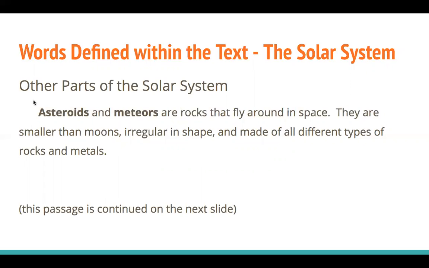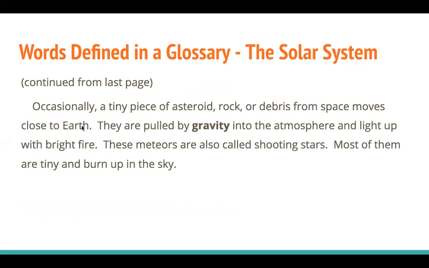So let's take a look at this example. The subtopic here is called Other Parts of the Solar System. Asteroids and meteors are rocks that fly around in space. They are smaller than moons, irregular in shape, and made of all different types of rocks and metals. Occasionally, a tiny piece of asteroid, rock, or debris from space moves close to Earth.